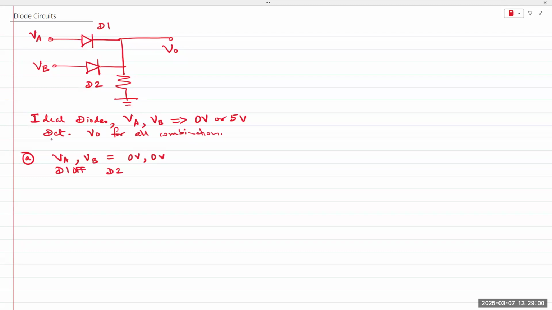Show of hands if it's off. D2 is off. And if that is off, how does the circuit look? Simply the resistor, because the diodes are replaced with an open circuit. So what is VO? VO is 0 volts. Let's take a pause, think over that. Let me know if you have any questions.